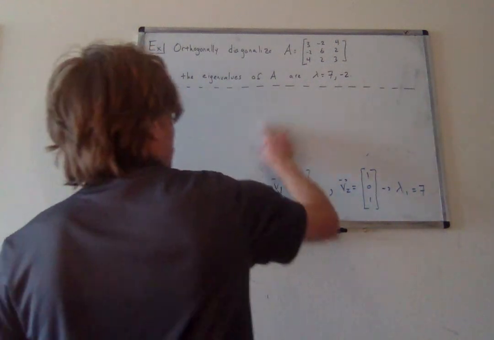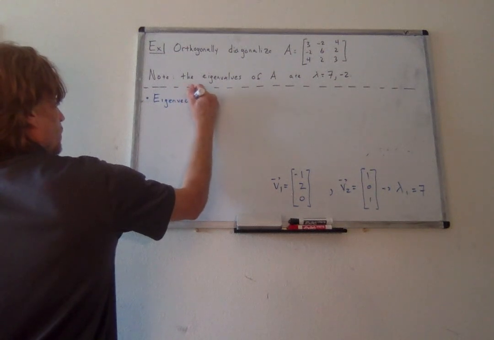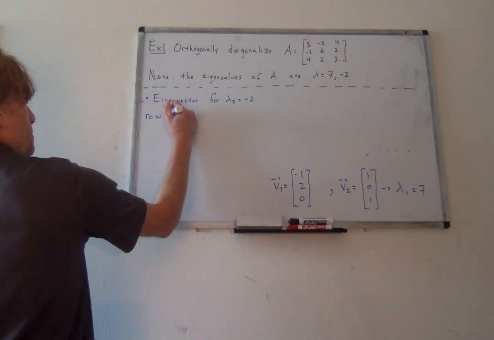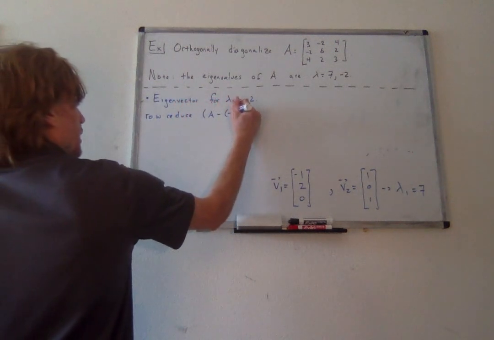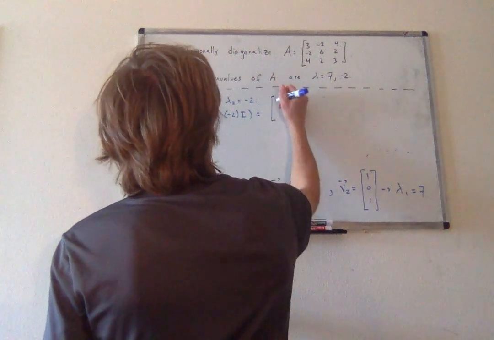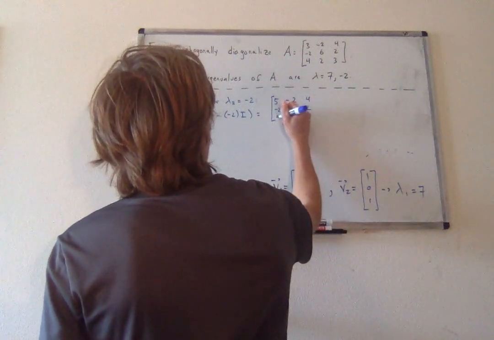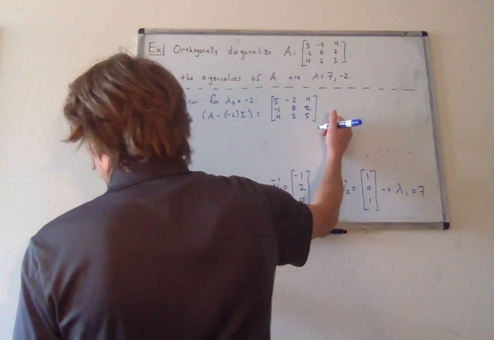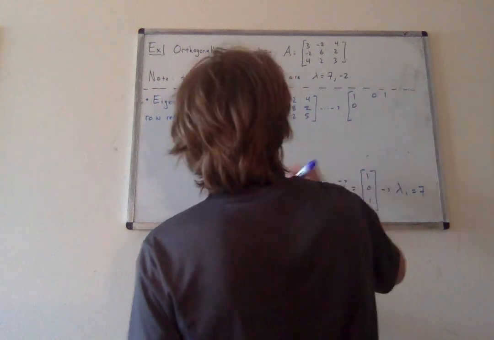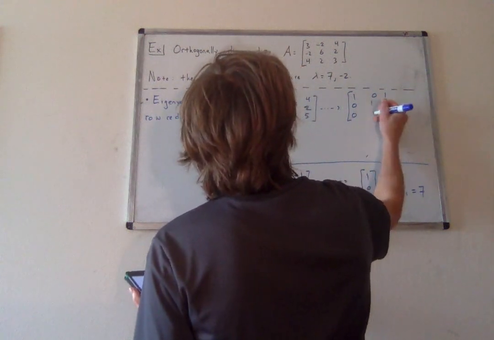And so we're going to do that in the same way, by row reducing the matrix A minus -2 times I, which is equal to the matrix where I add 2 to each of the diagonal entries of A. And this row reduces to the following matrix: 1, 0, 1, 0, 1, 1/2, 0, 0, 0.